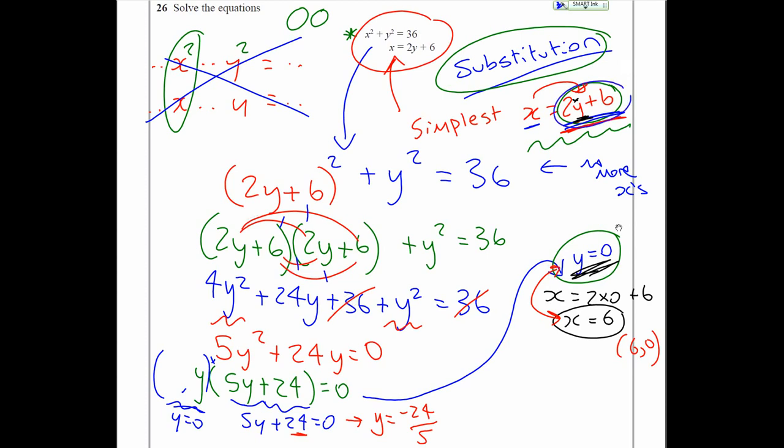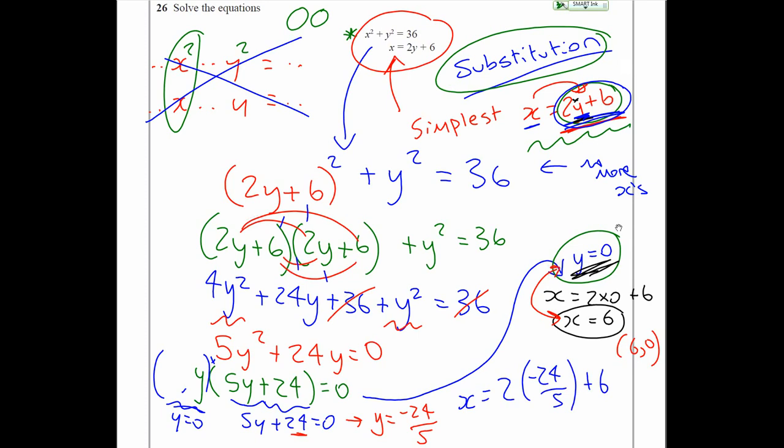The next one, y is minus 24 over 5. So where you've got y in this equation, you're putting 24 over 5, which is making me doubt a little bit that it might be wrong, but I'm sure my subscribers will give me a shout out if you notice the mistake, and I can write over the video.